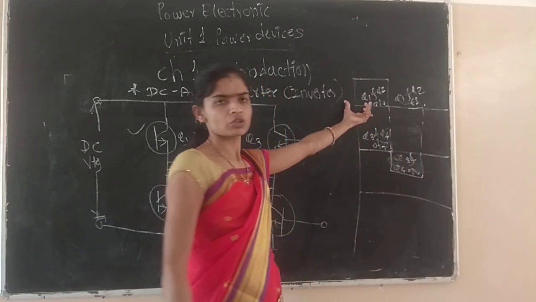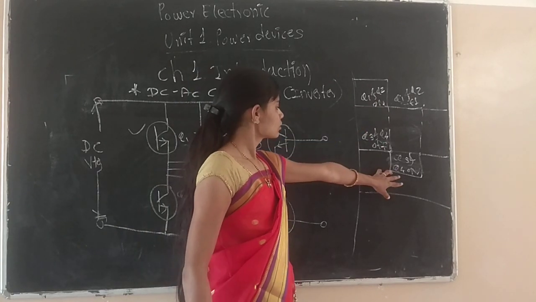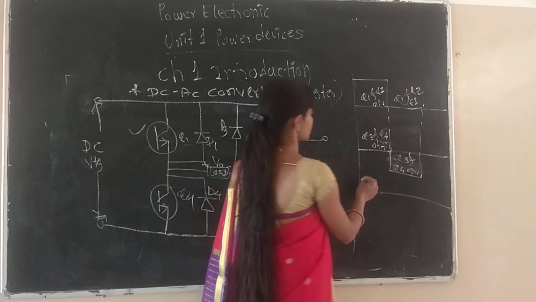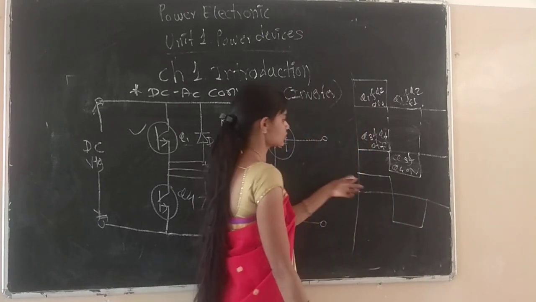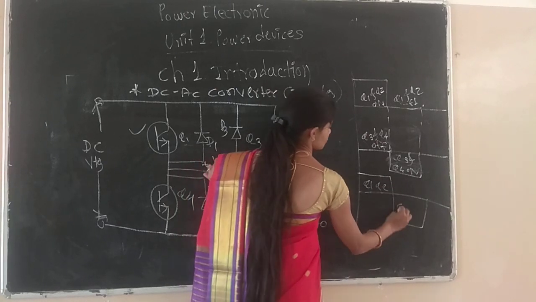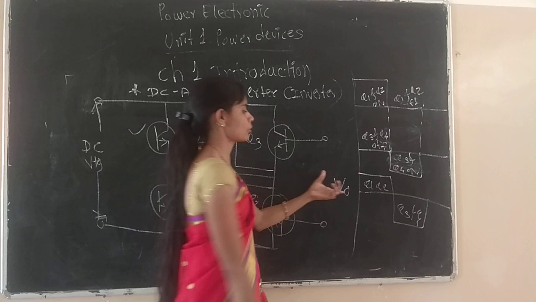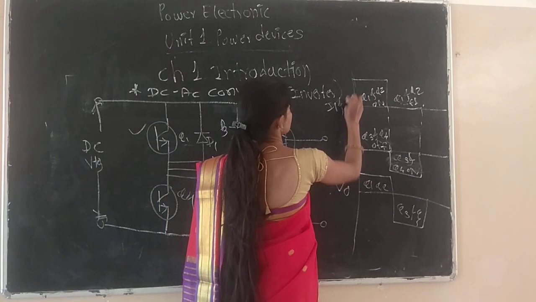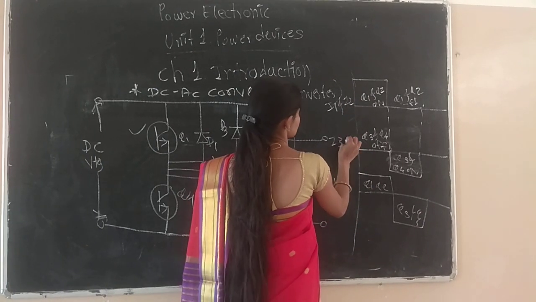First positive half cycle Q1 and Q2 are on, and the next half cycle Q3 and Q4 are on. The output voltage across the load is like this diagram. This is the output voltage waveform, and here I1 and I2 are flowing through, and here I3 and I4.